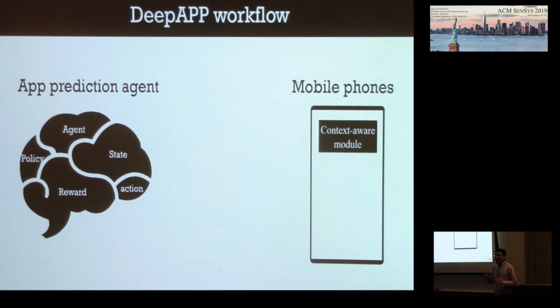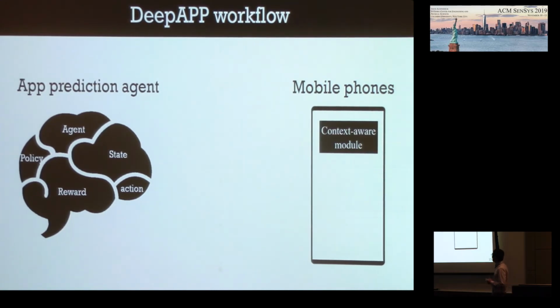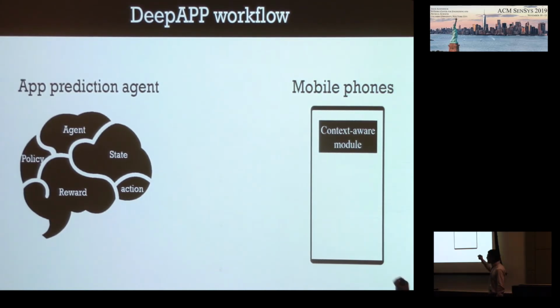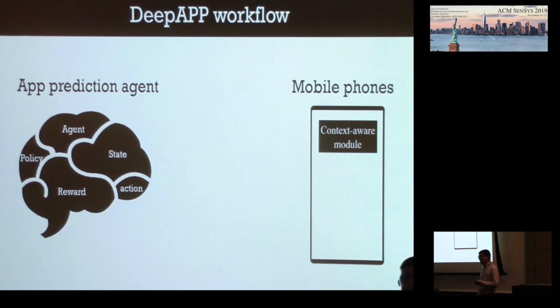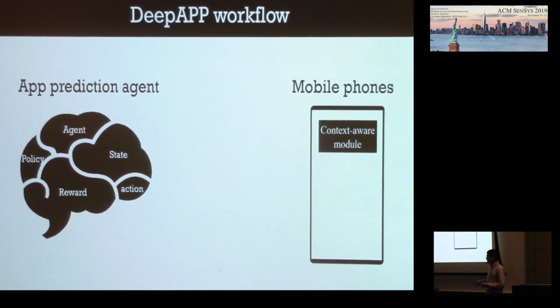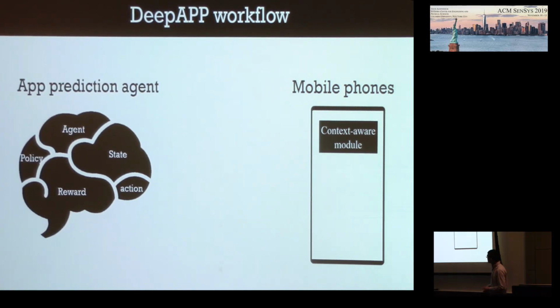So at one moment, on the user's smartphone we will have the context-aware module, right? This module will sense the context of the user, for example, the current time, the current application the user is using, the location of the user, and the surrounding environment of the user.